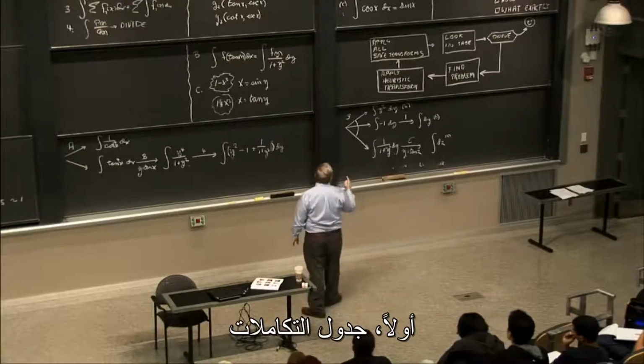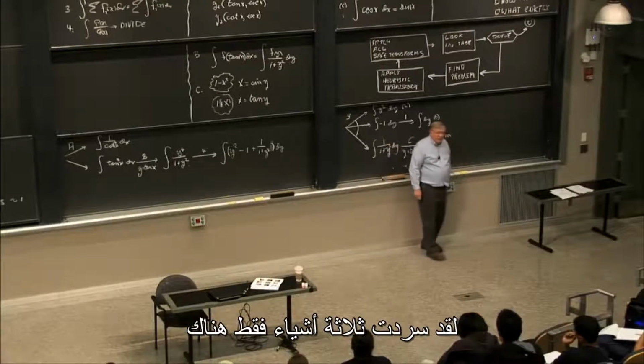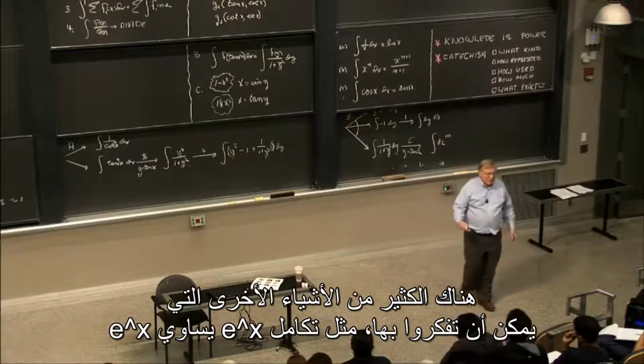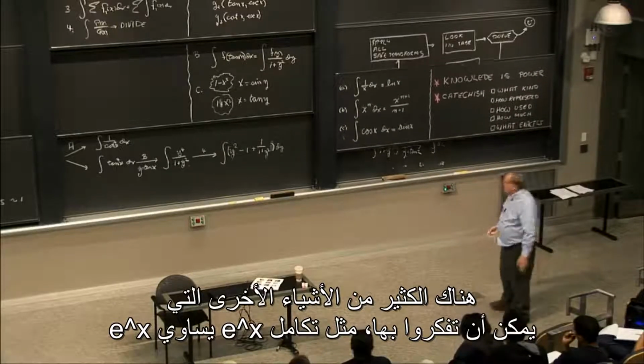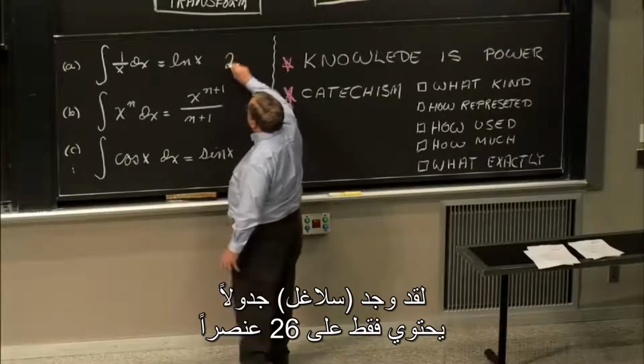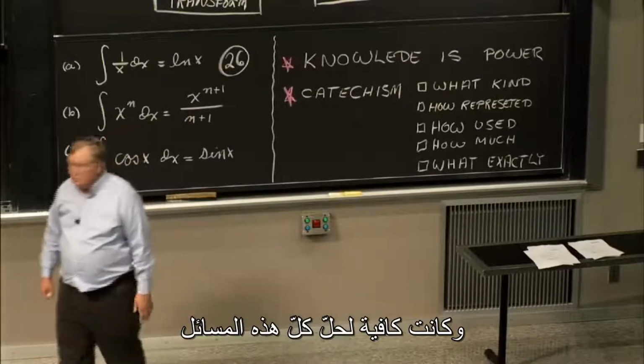First of all, the table of integrals. I've listed only 3 things there. There are lots of other things you can think of, like integral of e to the x is e to the x. But in the end, what Slagle found is a table of only 26 elements was enough to solve all of these problems.